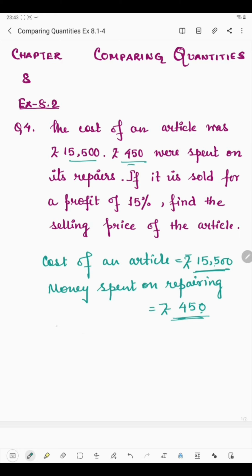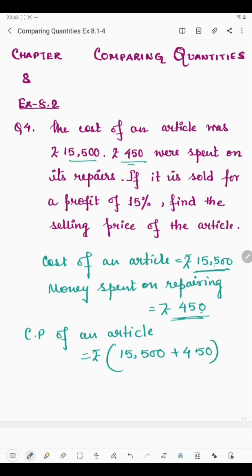So we'll write, cost price of an article is rupees 15,500 plus 450.